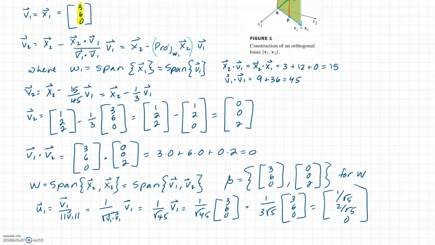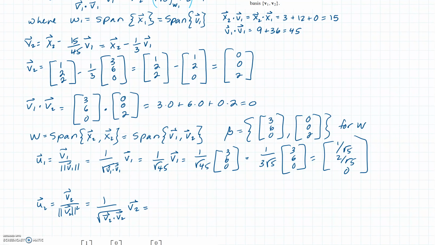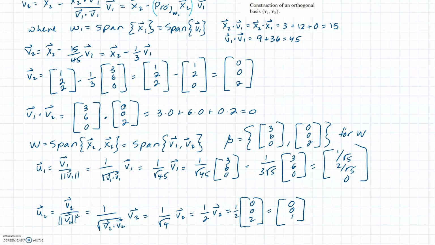Writing what V1 is and reducing this, here would be U1. Doing the same thing for U2, you get (0, 0, 1). These two are orthogonal. Their lengths are 1, so U1 and U2 are called an orthonormal basis for W.